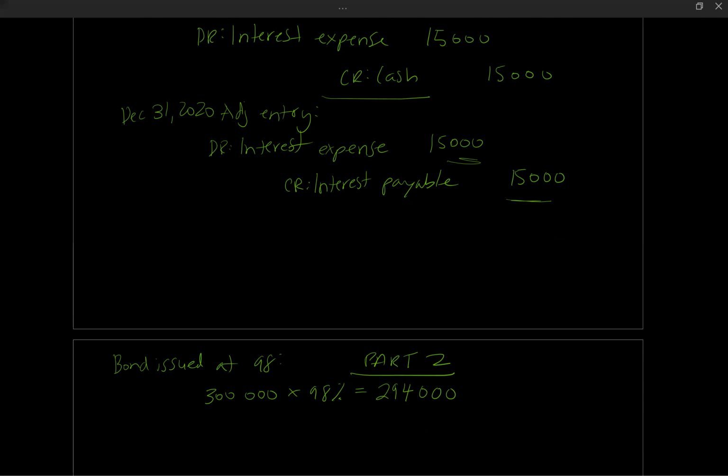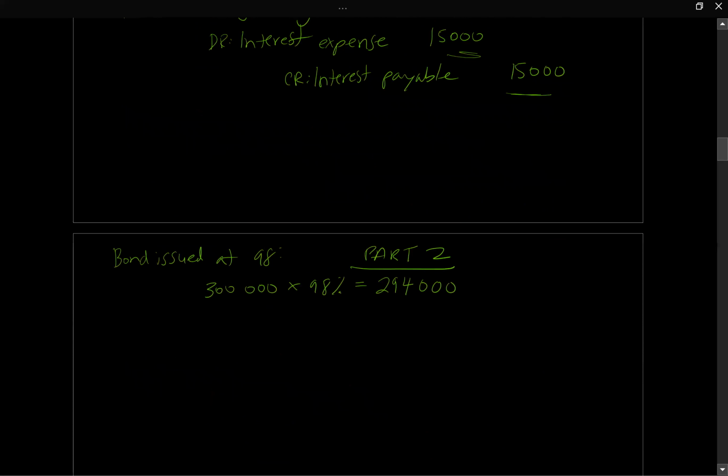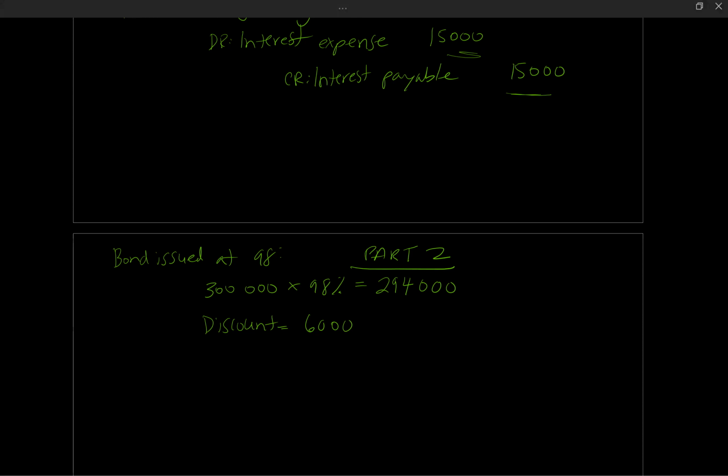So the discount equals $6,000, which is the difference between $294,000 and the face value of $300,000. And we're going to amortize that over the term of the bond. So it's 5 years.